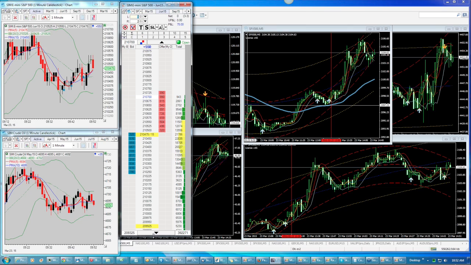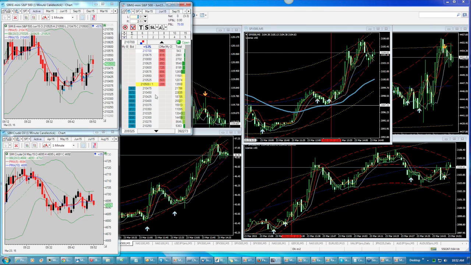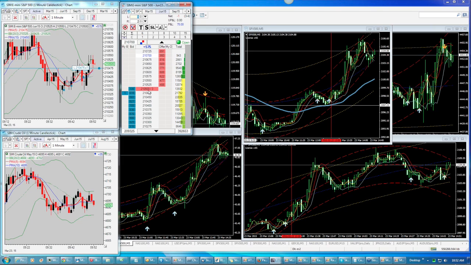All right, I'm going to shorten this up a little bit. And take a look if we're just bouncing back and forth in a range. See if it down ticks more.